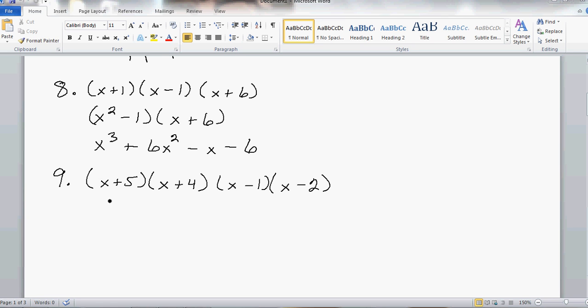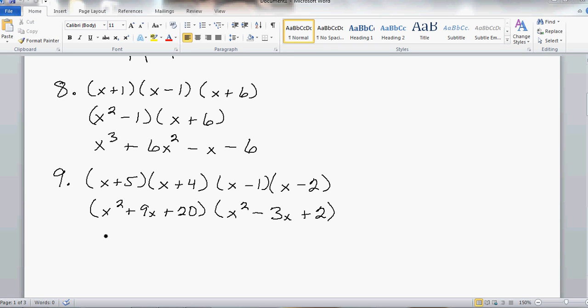So if we FOIL this out, we get x squared plus 9x plus 20. FOIL these two out, we get x squared minus 3x plus 2. And now we're going to take the x squared times everything here, the 9x times everything here, and the 20 times everything here. Combine any like terms and we'll end up.